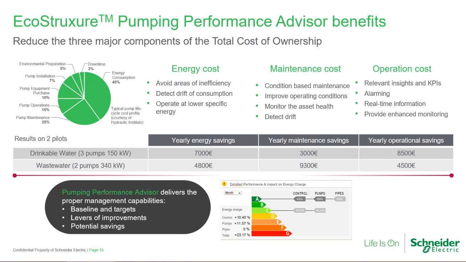At the end of the day, pumping cloud-based advisors are driving more and more the way that we do business, with their artificial intelligence enabling the system to understand and learn from itself. It gives great advantages of being able to look at individual pump sets and also compare pump sets against other pump sets and how they operate together.